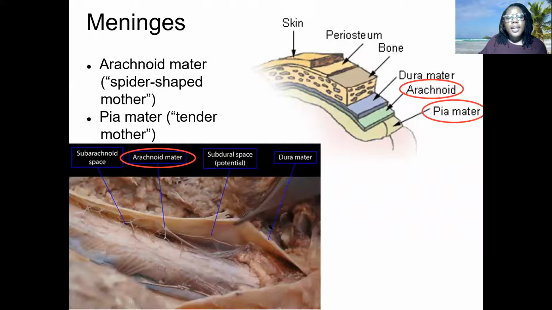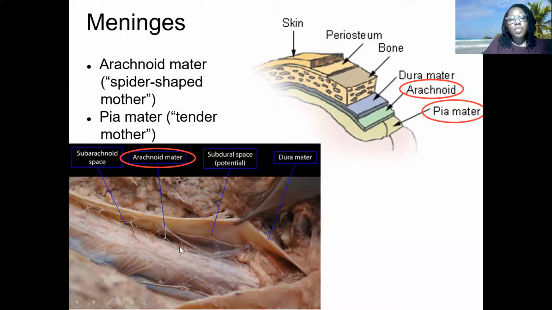So the next layer of the meninges, the layer that is beneath the dura mater, is the arachnoid mater. This translates to spider-shaped mother. This is not as thick or as tough a layer as the dura mater was. As we can see here, this is a much more network or meshwork type layer. This is the layer that has the cerebrospinal fluid beneath it, in between the pia mater and the arachnoid mater, what we call the subarachnoid space.